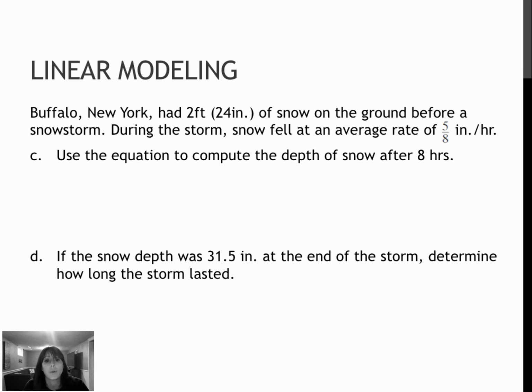For the next part of the question, we're trying to use that equation, which again was y equals 5/8 x plus 24, to do some predictions. So the first one asked for us to compute the depth of snow after 8 hours. Remember that x represented hours and y represented the total snowfall. So if they're giving me hours, I'm going to replace x with 8.